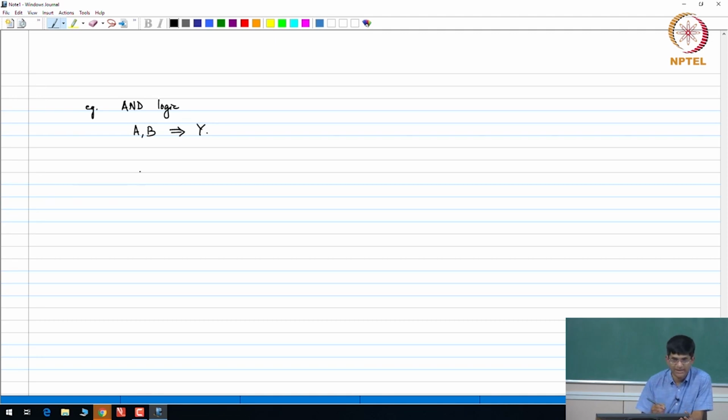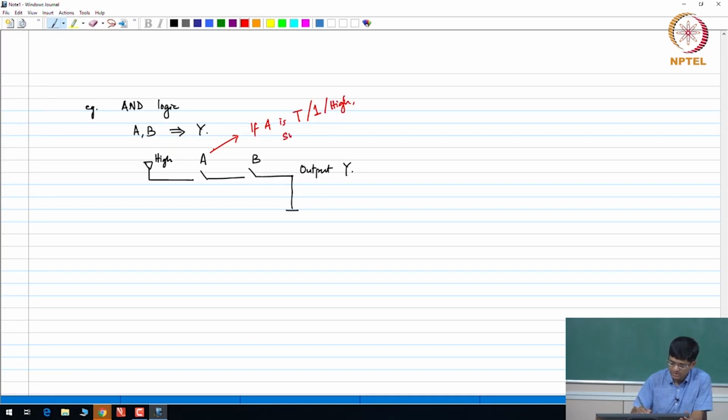One way of representing this in terms of switches that you might already be familiar with is to say, I will consider a logic high over here, have one switch which is connected to A, another switch that is connected to B, and over here I will essentially look at this as the output Y. If A is true or 1 or high, the switch is closed.